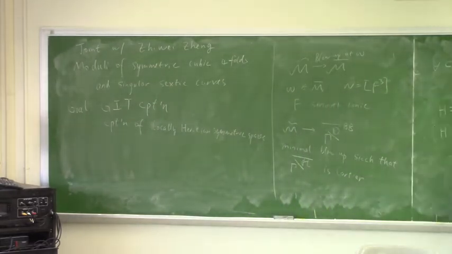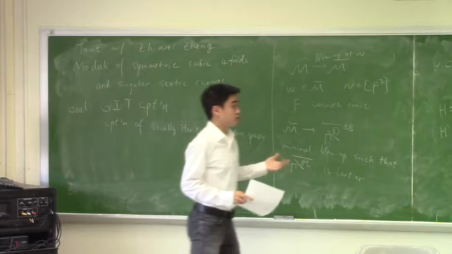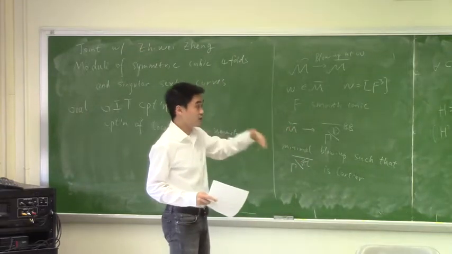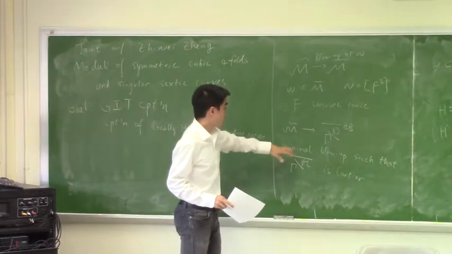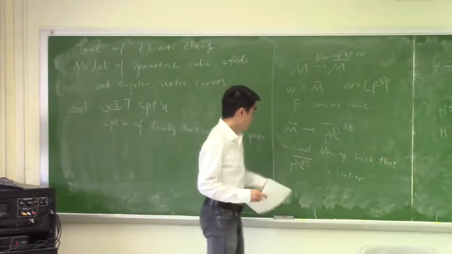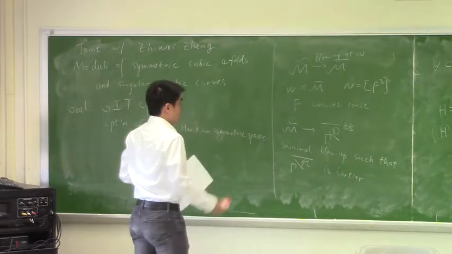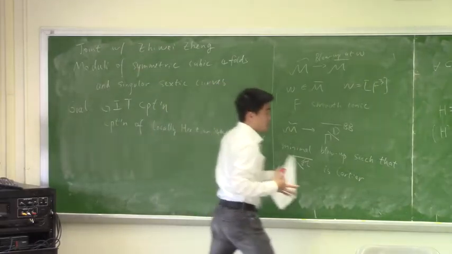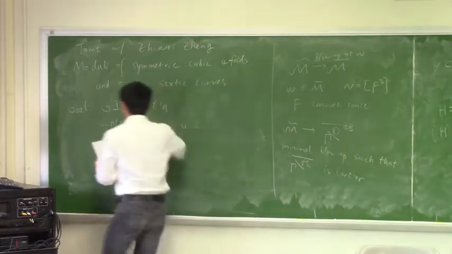Remember, the Baily-Borel compactification is usually very singular, and if we take a divisor here, H mod gamma, sometimes it's not Cartier. But we can do some desingularization. For example, we can do a toroidal compactification, then the closure must be Cartier. But now we need something in between, between the Baily-Borel compactification and the toroidal compactification. We can summarize these two steps, this blow up and blow down, in a more uniform language.